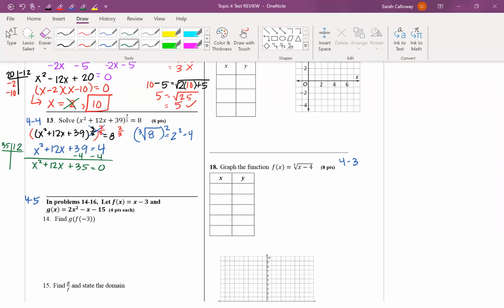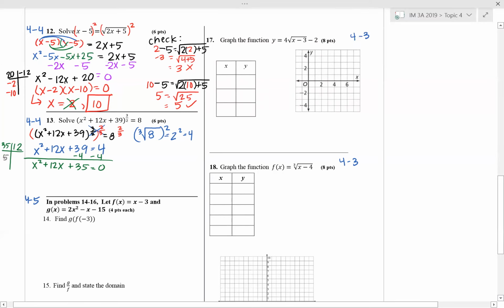So for this problem, those numbers are 5 and 7. So this factors to x plus 5 times x plus 7 equals 0. So these tell us that the answers are -5 because -5 plus 5 is 0, and -7 because -7 plus 7 is 0.